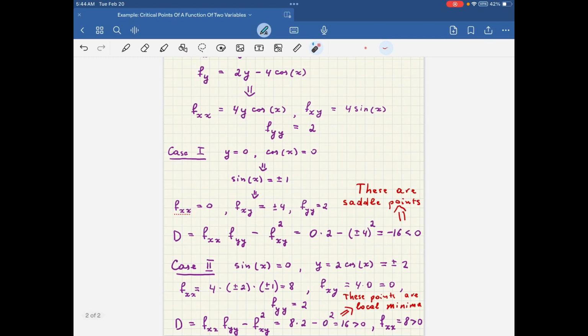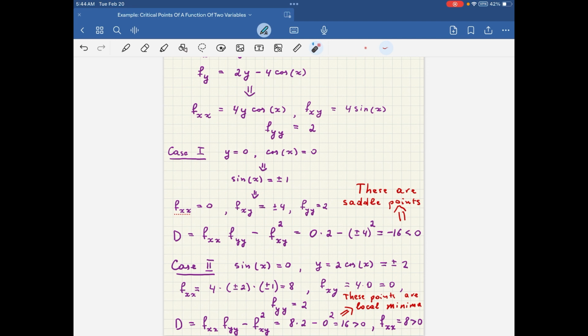In the second case, sine x is equal to 0. The y value is going to be plus or minus 2, depending on whether cosine x is positive or negative 1. And so when we compute the second order derivative of f with respect to x both times, we get 4 times plus or minus 2 times plus or minus 1. Here it's important to see the way the signs plus or minus correspond to each other.